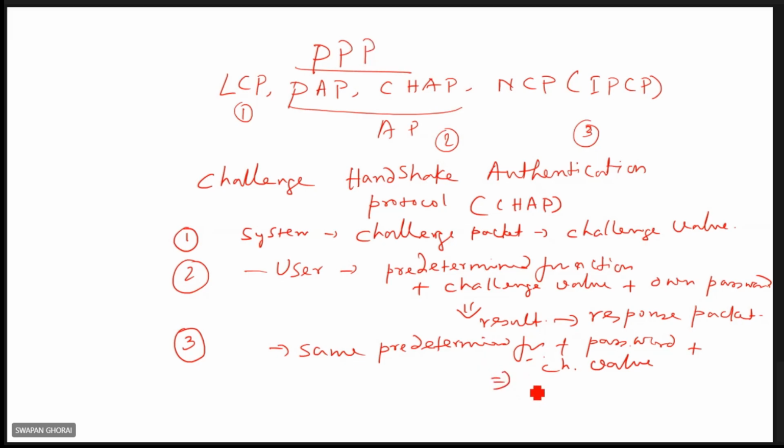That will give some result. So in this three-way process, if the result created by the system matches the result sent by the user, then access is granted.